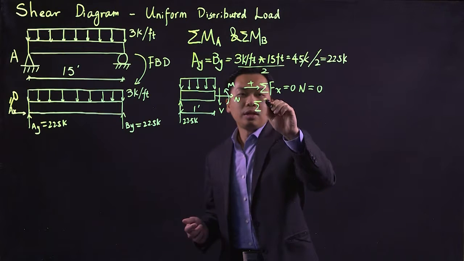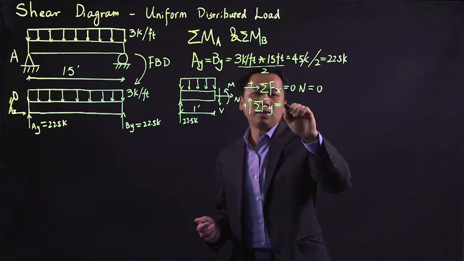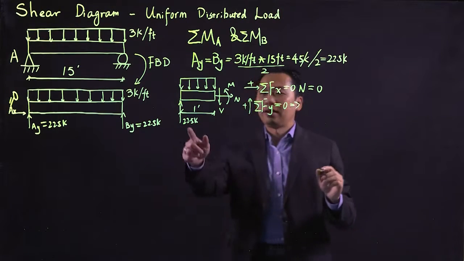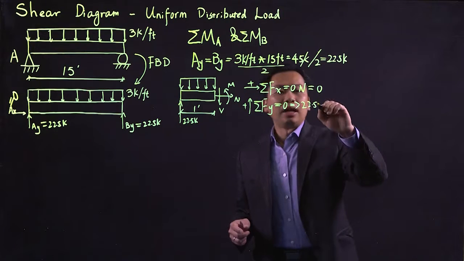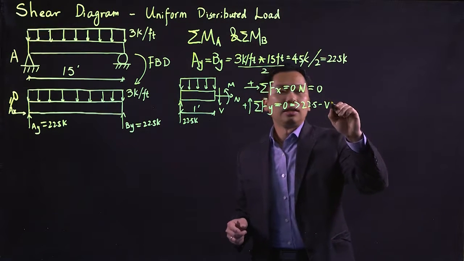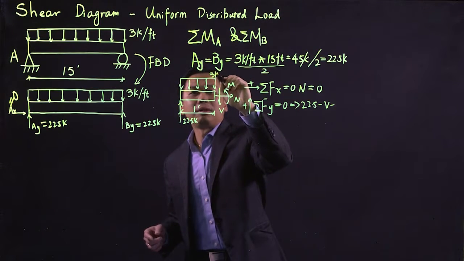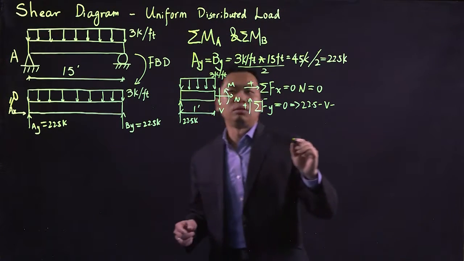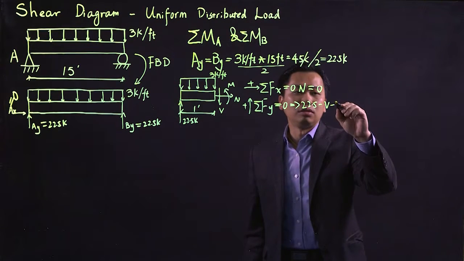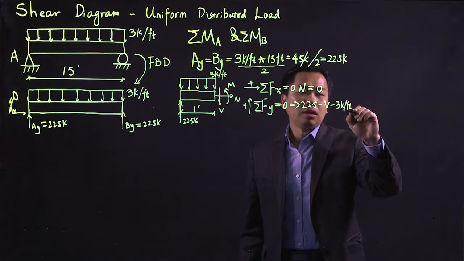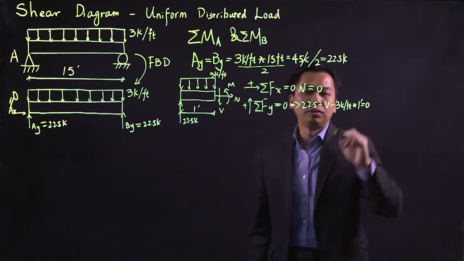If we sum the forces in the y direction using upward as positive, we have 22.5 minus V minus the force provided by this uniform distributed load, which is 3 kips per foot times 1 foot, that is 3 kips, equal to 0.